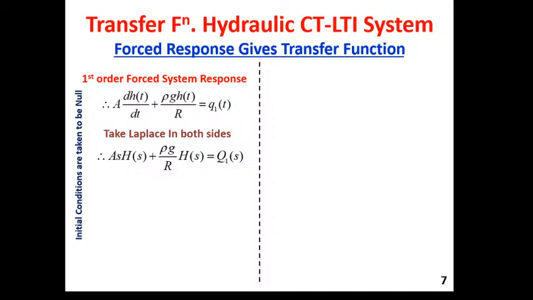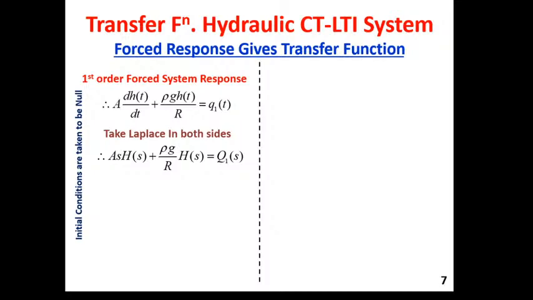So A s H(s), the s comes because of the differential part, plus rho g divided by R, these are all constant terms, times H(s). And on the right side Q1(t) becomes Q1(s). So Q1 is the input parameter and H(s) is the output parameter.